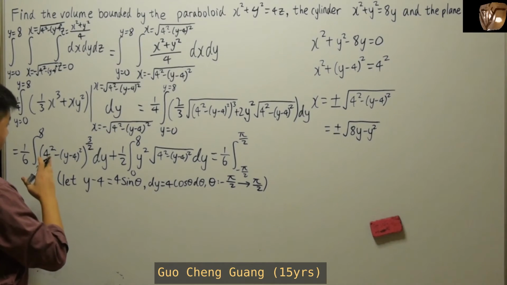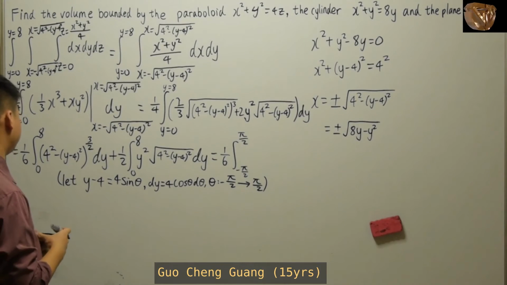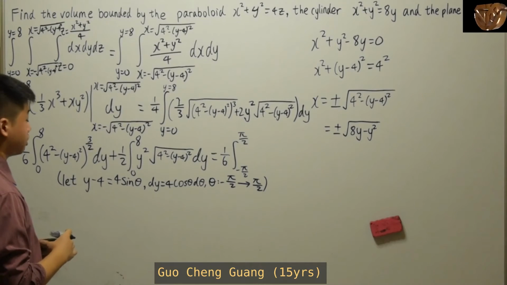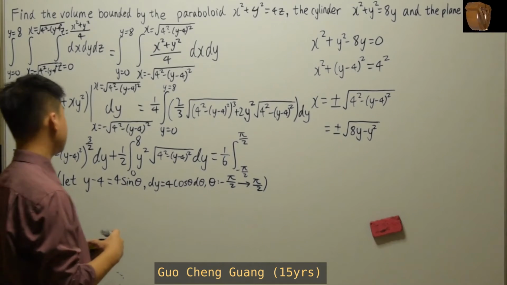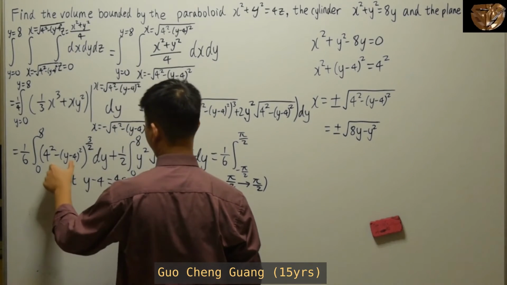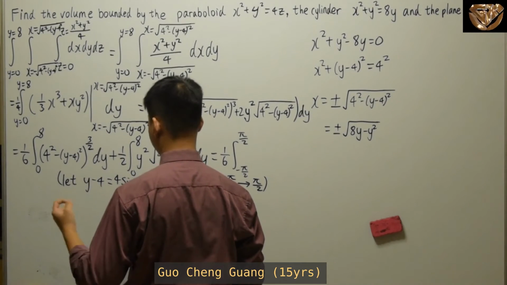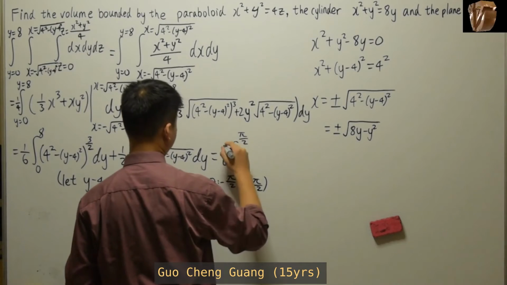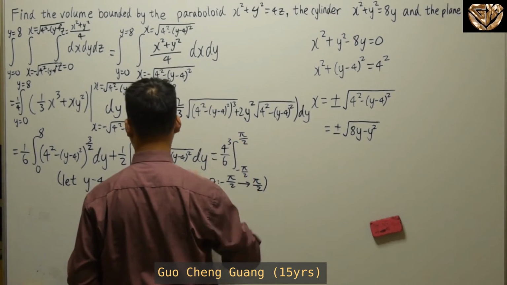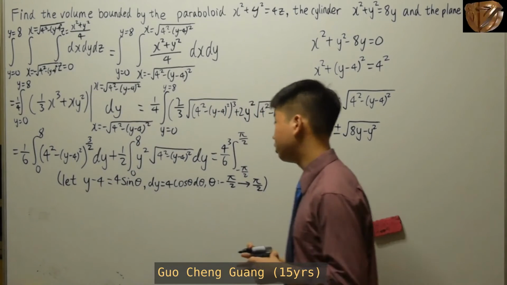While in this part, you're going to have 4 squared minus 4 squared sine squared theta. So actually, since you have 4 squared for both of these, you will be able to take out 4 squared for each of them and make whatever you have in front actually more of a 4 cubed.